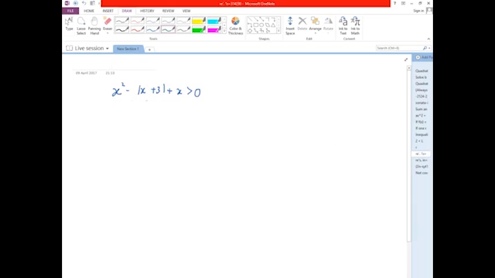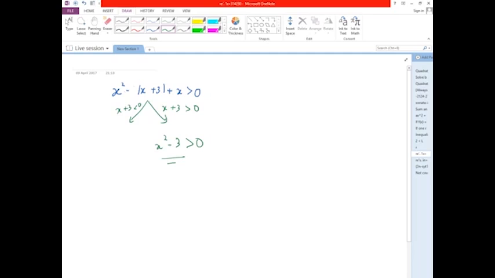Similar question, again we can solve it similarly. I think I'll leave it for you guys to look at yourself, but just do this: x plus 3 greater than 0 and x plus 3 less than 0, and then whatever you get, solve for that. If you put it as greater than 0, then you get x square minus 3 greater than 0.